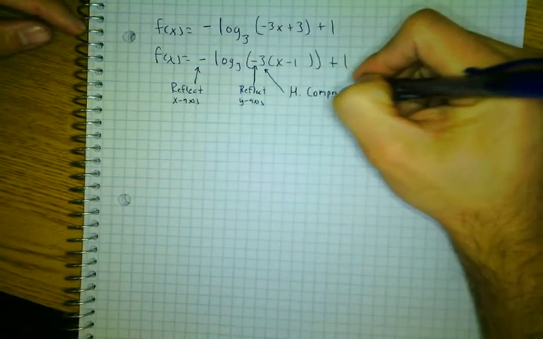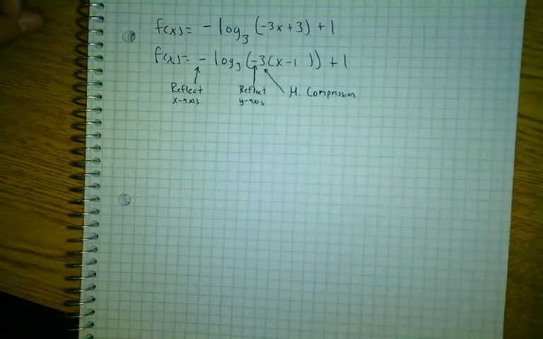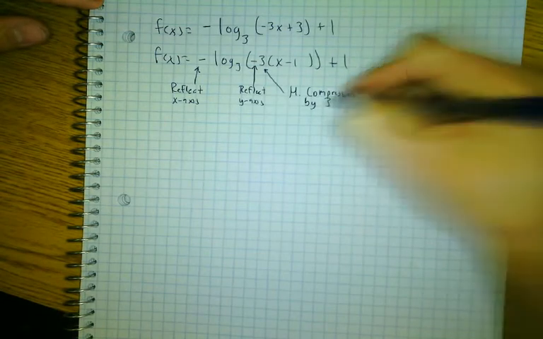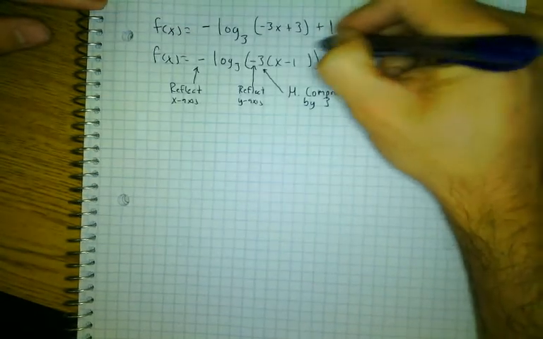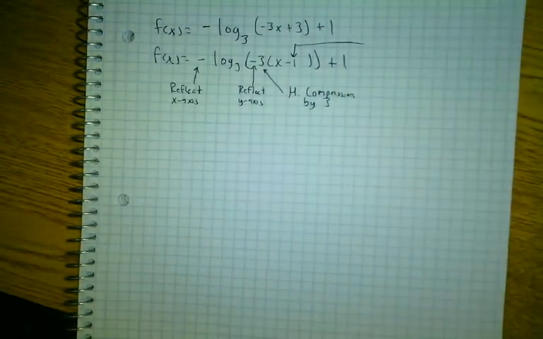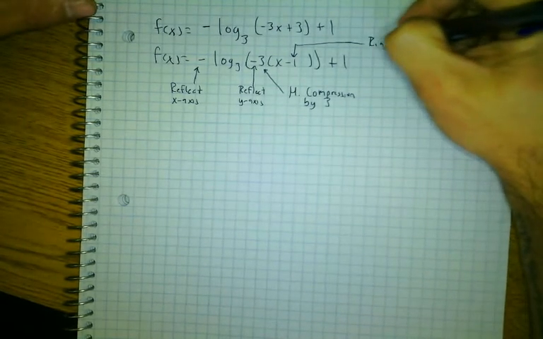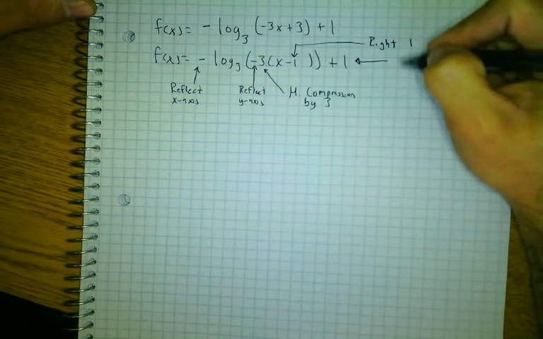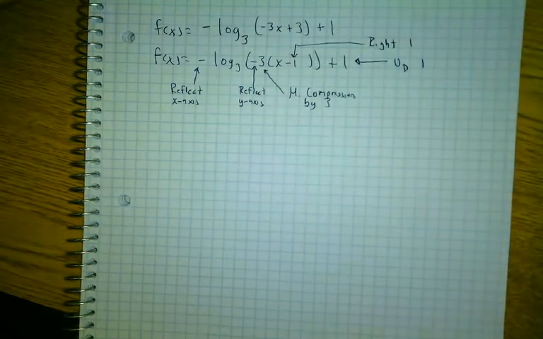Horizontal compression. You can say 1/3 or 3. I'll accept either one. You with me? So I'm going to just put a 3 here. Cool. All right. What is this minus 1 going to do? Right 1. And then lastly, the plus 1 at the end would be up 1.